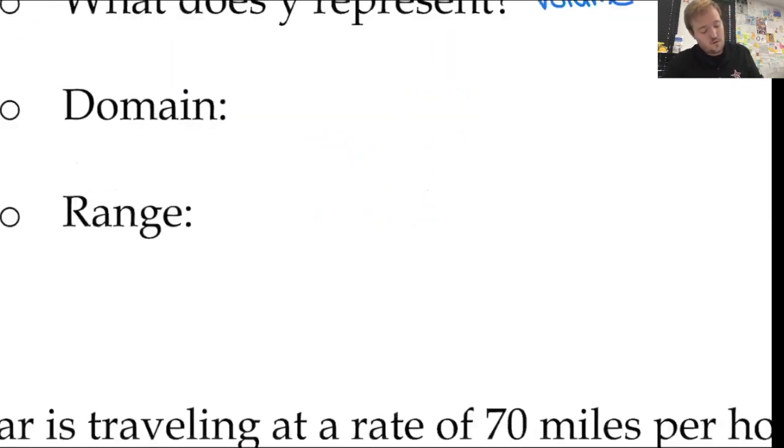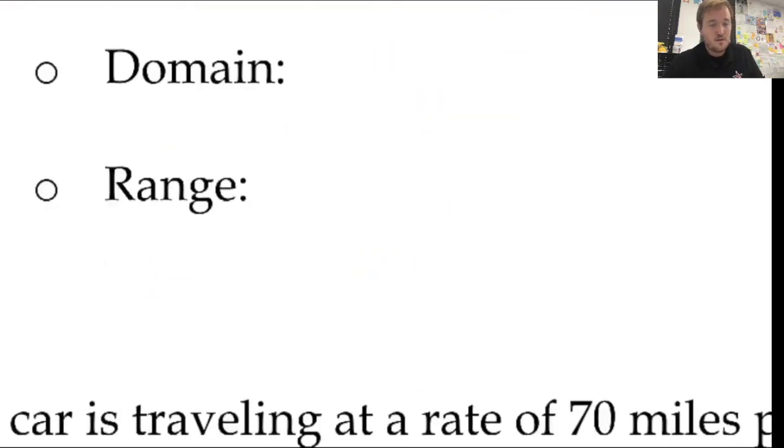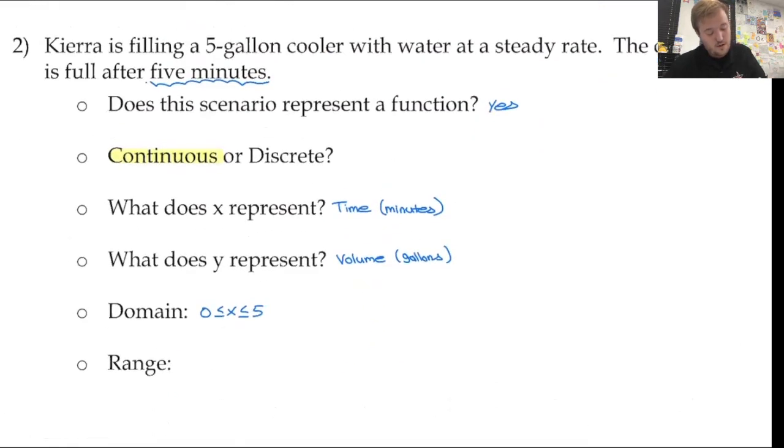Okay, so they use it for 5 minutes. So that's going to be our maximum. When you start filling it up, you're at 0 minutes, and it only takes 5 minutes to completely fill it. Now for your range, we're looking at the volume. So it's a 5-gallon cooler.